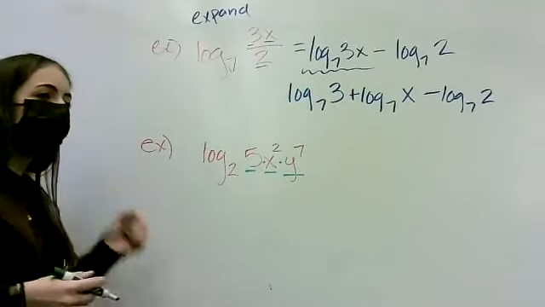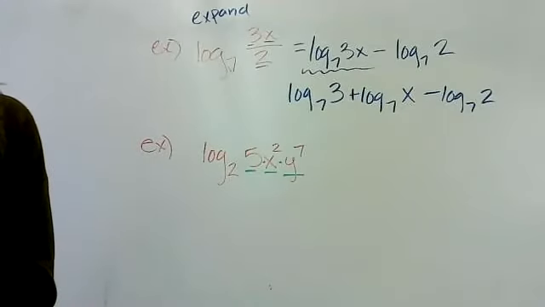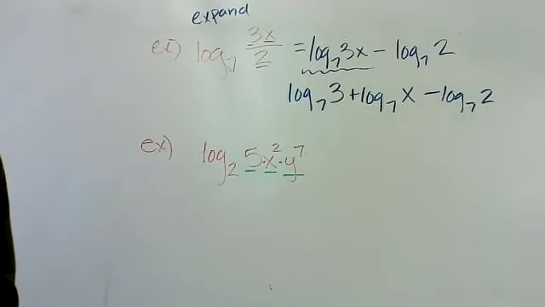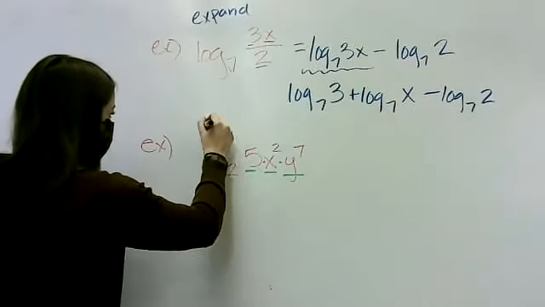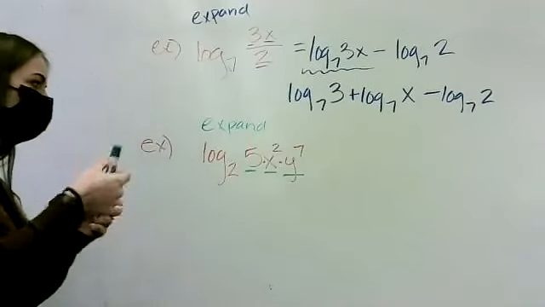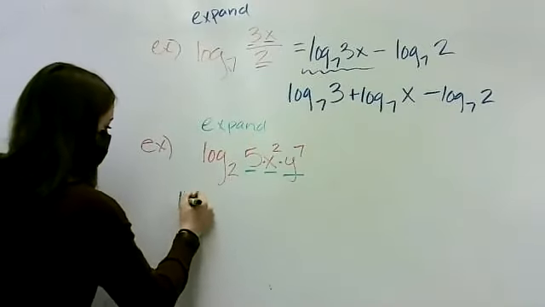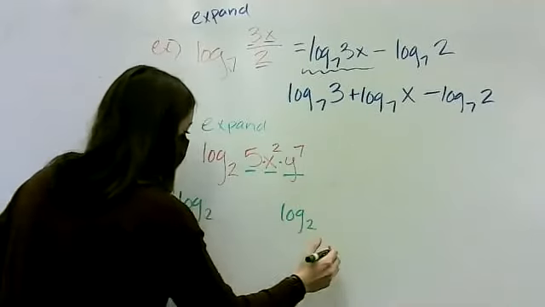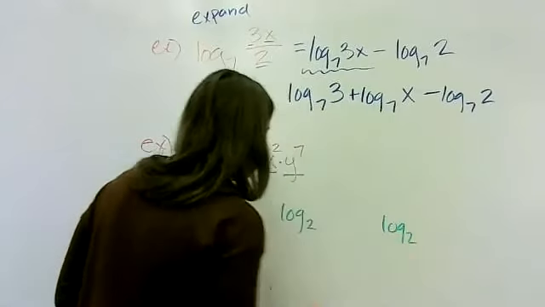So what's the only property that I'm using right now? Yeah, very good, product property. Because I have multiplication, again, same directions, we're just wanting to expand these. Since I have multiplication, I'm turning that into addition. So essentially, let's get my 3 total logs out here. I have log base 2 and log base 2.